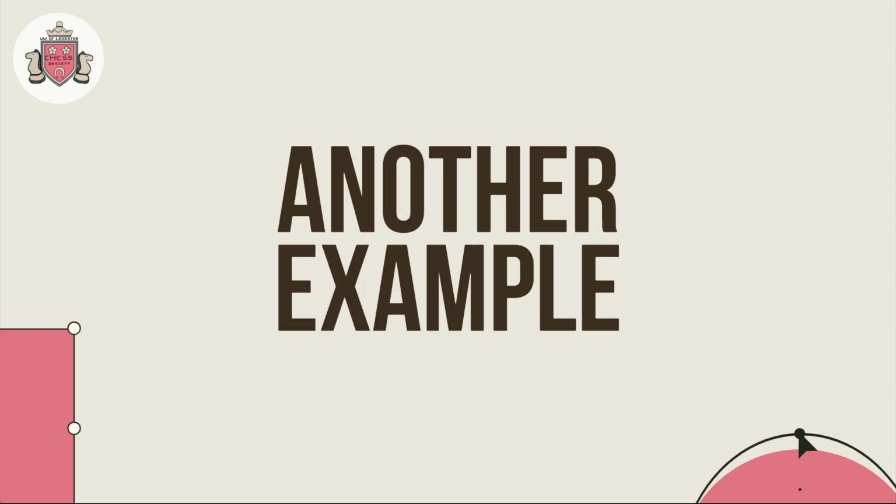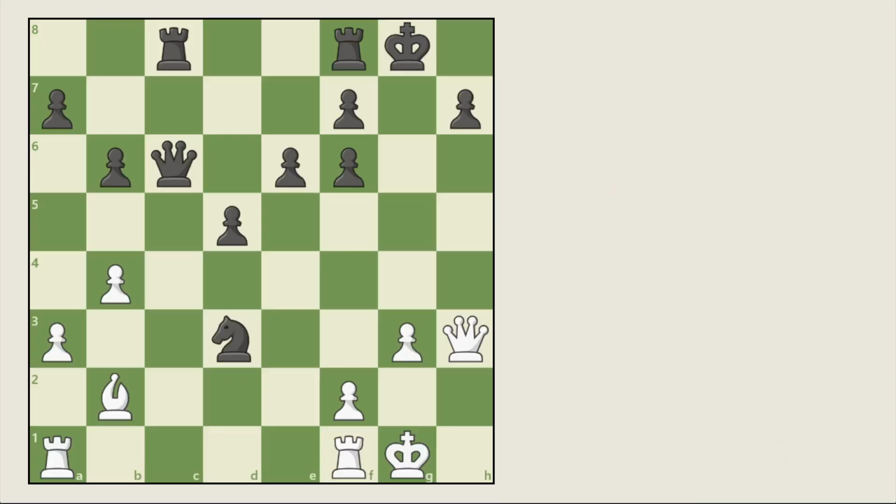So I've got another example. Again, without trying to calculate 5 moves ahead, what's going on in the position? What's black doing, and what does white need to do, pretty much?